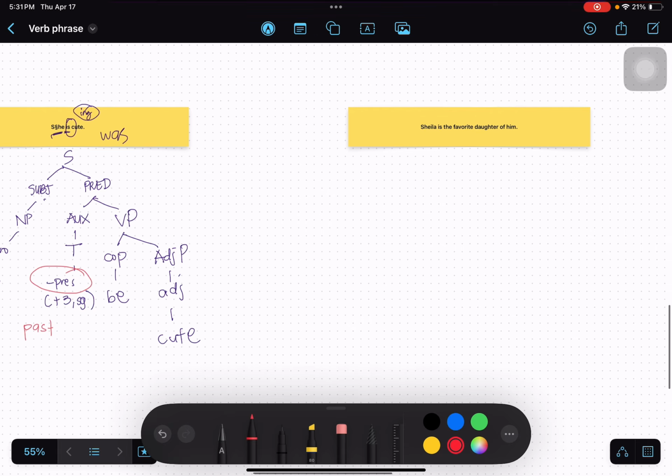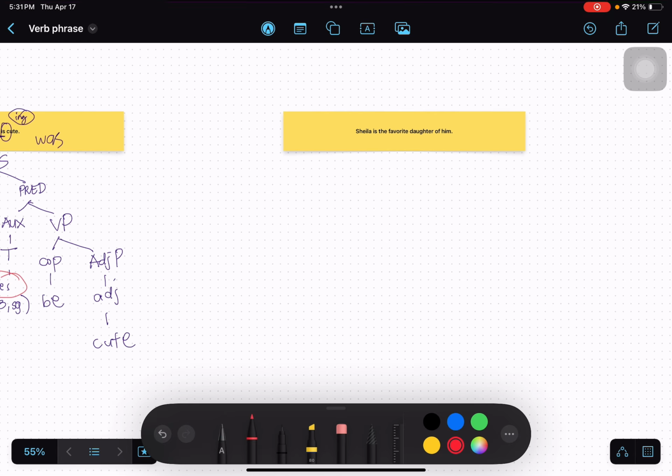Next, how about this? "Sheila is the favorite daughter of him." So let's try this one. We have the S, then subject, NP, and Sheila. Then the predicate. Under the predicate, we already have the auxiliary.